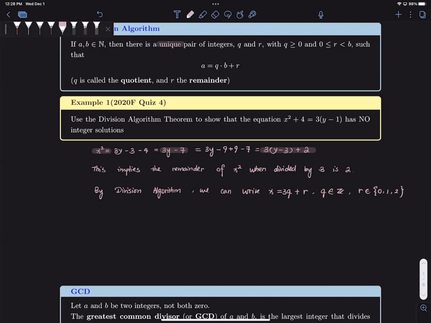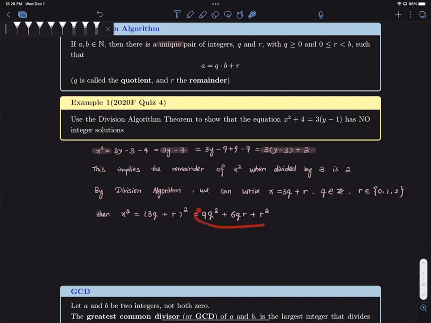Okay, so what's my x squared? X squared is 3q plus r, squared, which is 9q squared plus 6qr plus r squared.